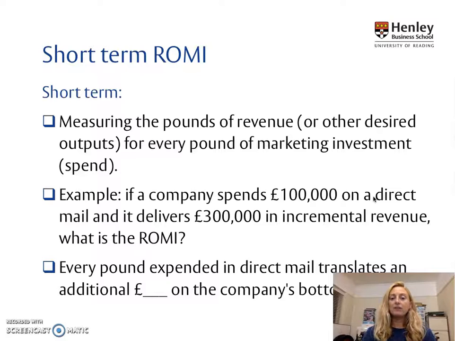For example, if a company spends £100,000 on a direct mail and it delivers £300,000 in incremental revenue, what is the return on marketing investment? So let's have a look then.